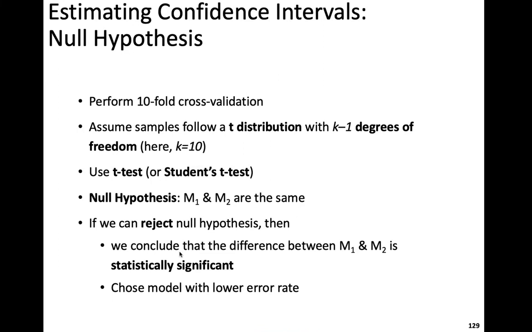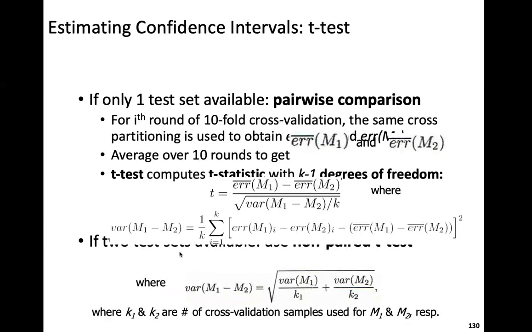So these are all well-known statistical tests, but we need to use them to estimate how well the classifier which we built is doing. There's one more test called the t-test, and this is also well known, and you can see here the formula for it. How do you find the t value? Basically you get the average error differences, and then you normalize the average error with respect to the variances.